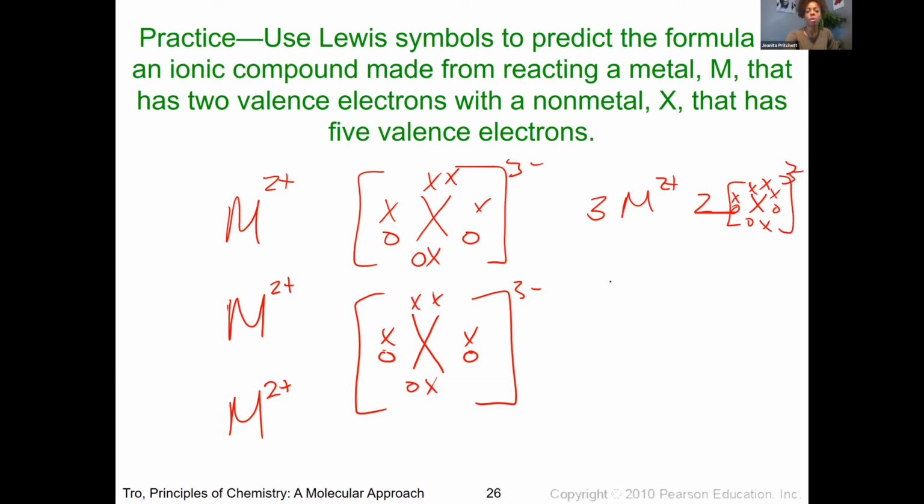So the end formula would end up being M3X2. And again, we would have always done that if we knew before that the metal had a 2+ charge and the nonmetal had a 3-. We crisscross down to get our formulas.